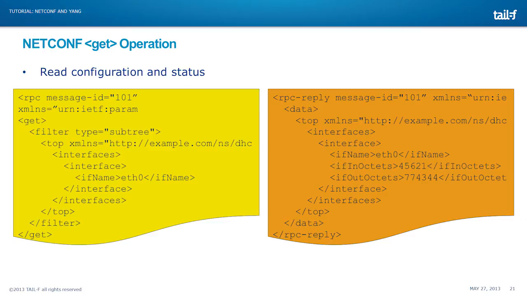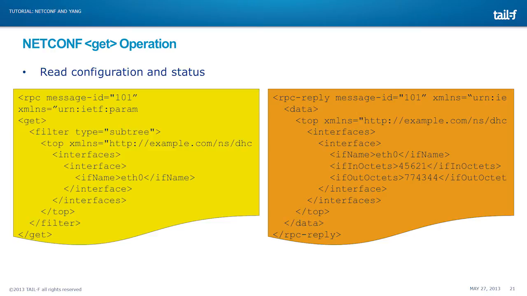We want to, in this case, retrieve one subtree of that overall tree of the namespace, so a subtree filter is used to specify that. So if we went into the data model that this get operation is written against, we'd see the structure reflected here between the top tags, and this tells us to get just the subtree for the ETH0 interface.